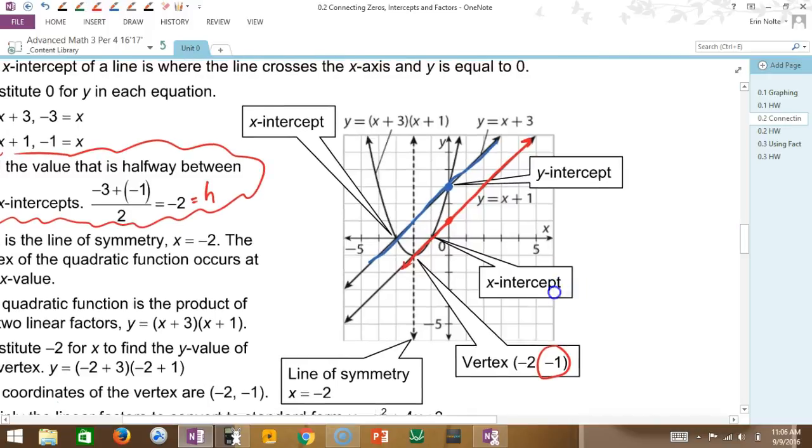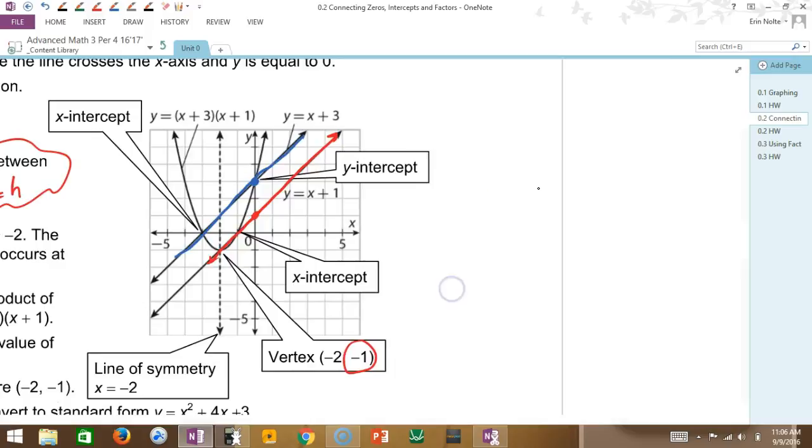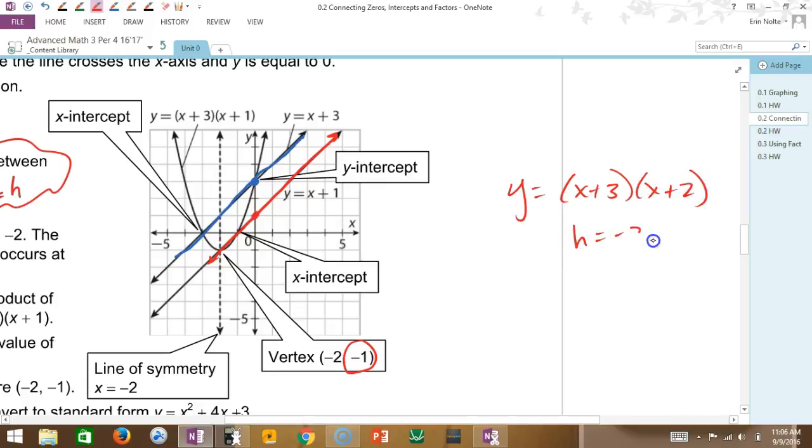Our equation is y equals x plus 3 times x plus 1, and the h value we found was -2. We plug the -2 in. Whoops, hold on, I wrote that down wrong.